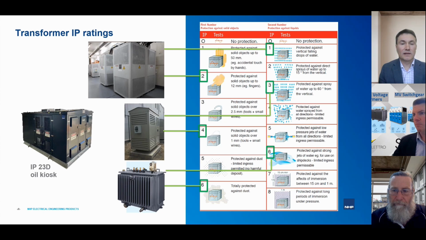Now, looking at the oil transformer, it's a different scenario. Of course, the oil transformer is a fully outdoor protected device. The transformer itself has an IP rating of IP66, which means it's fully protected against dust and also against strong jets of water.